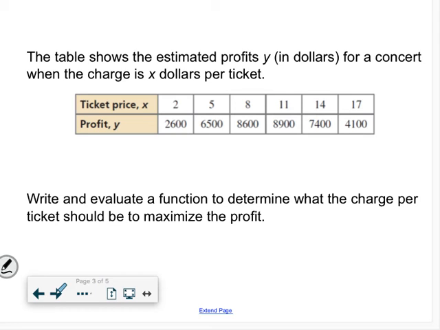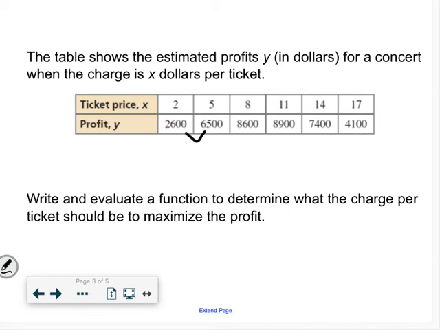One way that you can test to determine if data is linear is by their first differences, as long as x is moving by the same amount, and we're moving up by 3 each time. So the first differences would be things like 6,500 minus 2,600.